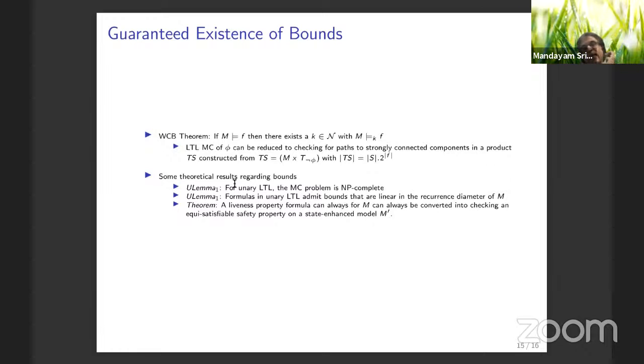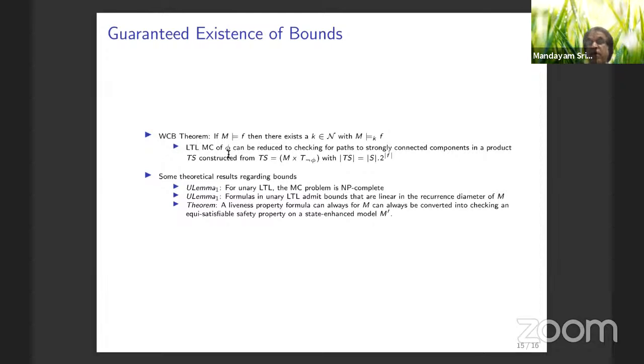Okay. Now you could get this in two ways. One, we will see next week. That will be the last lecture, or at least the last topic for the term: a complete algorithm for LTL model checking by constructing what is called a tableau. Okay, in that method, LTL model checking is reduced to checking for paths.